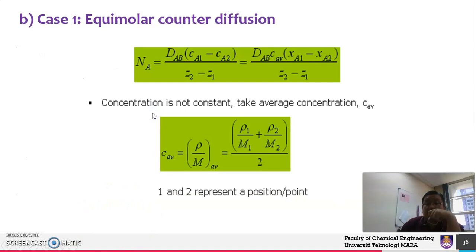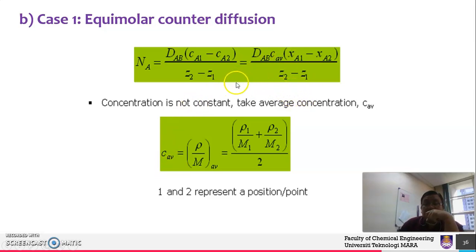So this is equimolar counter diffusion, the first case. We have the mass flux, and it is almost the same as what you have learned previously in gas or vapor. So you have the AB, then you have the concentration gradient, or the mole fraction, with the distance of diffusion.